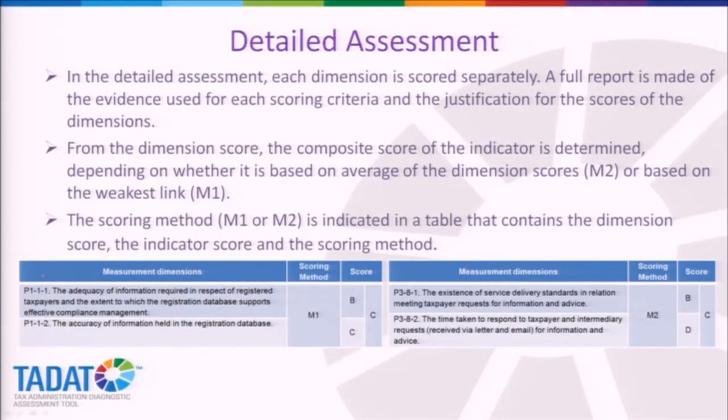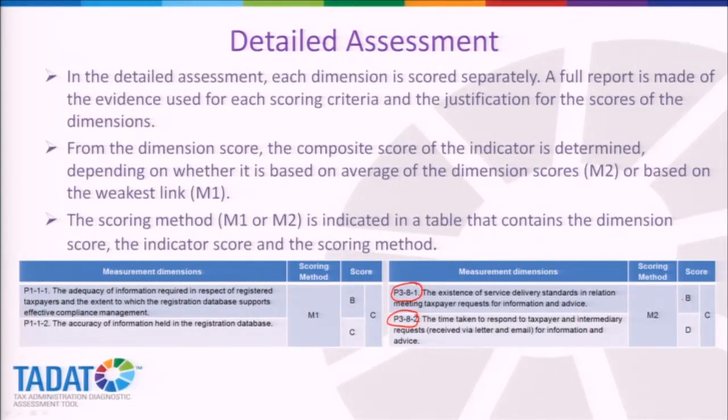For instance, you look at the scoring table here, which is part of the detailed report, 3.1 and 3.2. It shows the name of the measurement dimension, the existence of service delivery standards, for instance, and 3.2, which is the time taken to respond.